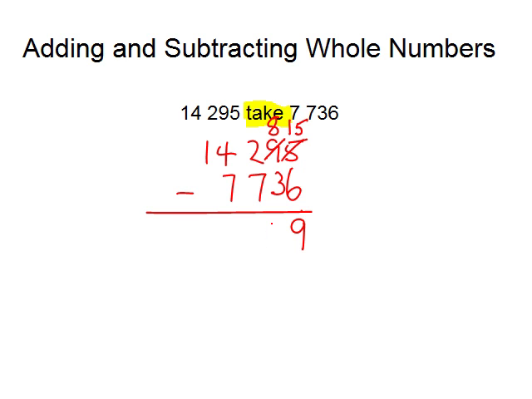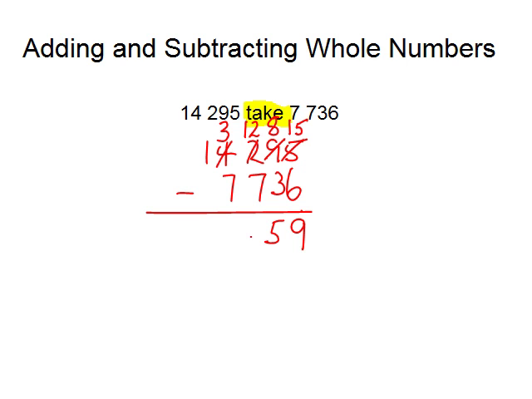8 take 3 is 5. 2 take 7 we can't do. So we'll go to the 4. We'll borrow one from the 4, which leaves 3 behind. Pay that back as 10. And the 2 that are already there, so that's 12.